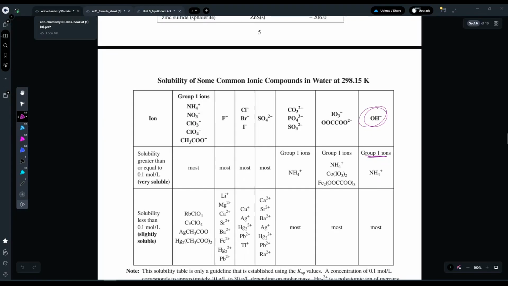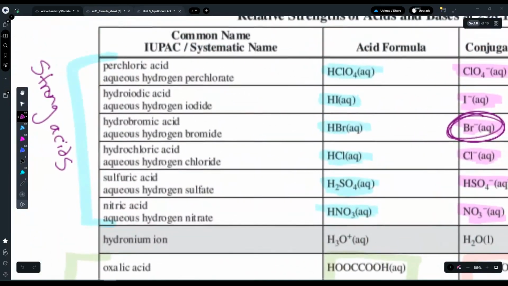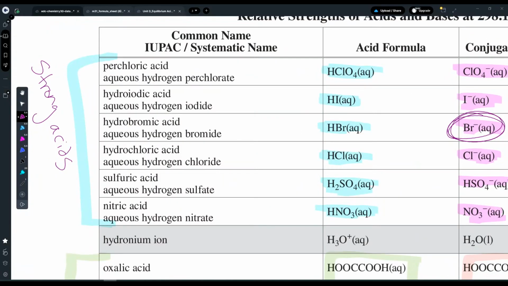With phosphoric acid, going to page 8, we just need to double check to make sure it's not one of our strong acids. Phosphoric acid is not in our list of strong acids, therefore it's going to be a weak acid. The reason why this is important is because with a strong acid, the quickest reaction that happens is the strong acid reacting with water to produce hydronium and whatever conjugate base is left over. Okay, so just keep that in mind.